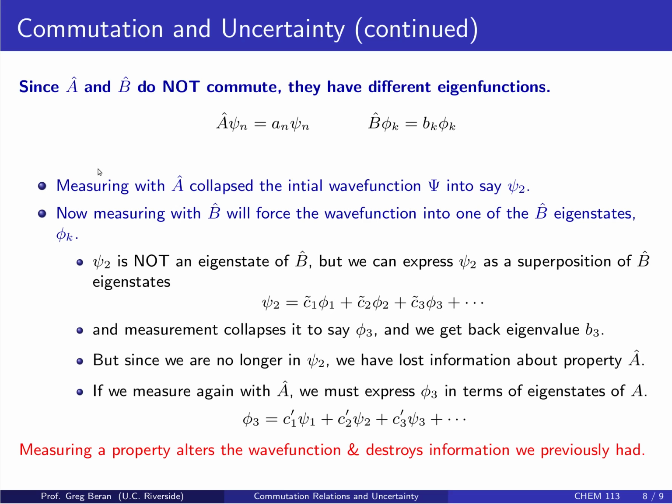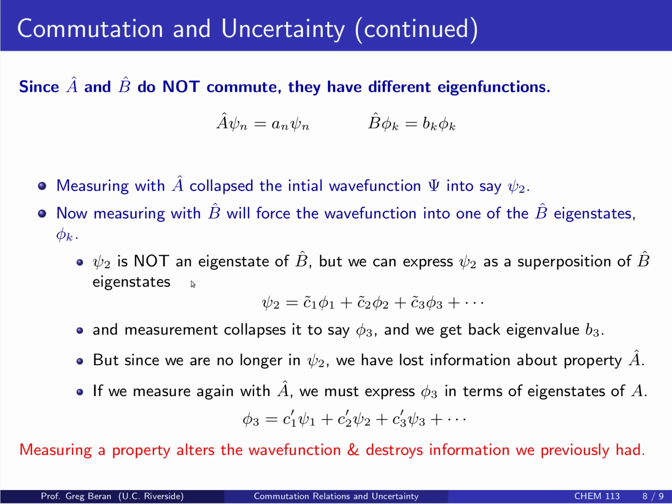As we saw on the last slide, we started with some generic wave function capital psi, a superposition of many eigenstates of a. When we measure with a, we force that wave function to collapse into one particular eigenstate of a, say maybe psi2. Now we want to measure with b. Since psi2 is not an eigenstate of b, when we measure with b, we're going to change the wave function and force it to collapse into one of the eigenstates of b, one of the phi k's.